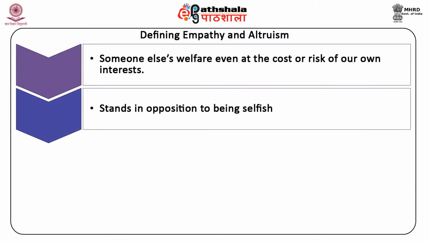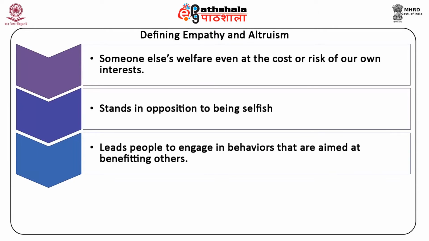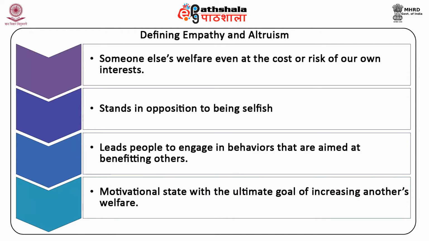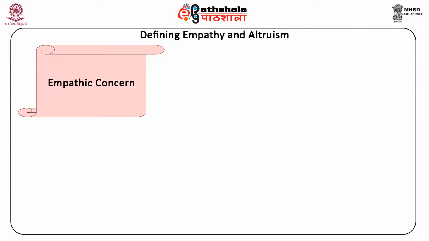It stands in opposition to being selfish and refers to a specific form of motivation that leads people to engage in behaviors that are aimed at benefiting others. It is a motivational state with the ultimate goal of increasing another's welfare. The likely source of altruistic motivation is empathic concern.